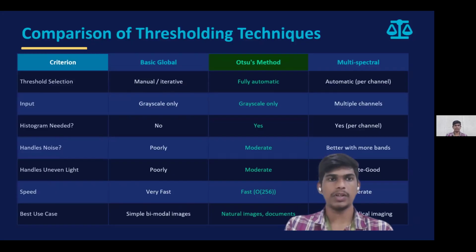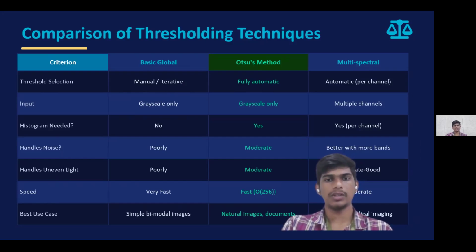Coming to the comparison between the basic global, Otsu, and multispectral methods, the basic global method is manual and iterative, and the remaining two are automatic. Input is grayscale for all three thresholding methods. A histogram is not needed for the basic global method, and is needed for both the Otsu method and the multispectral method.